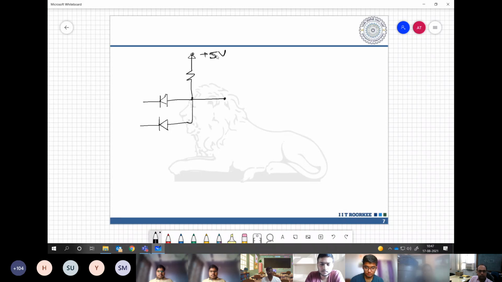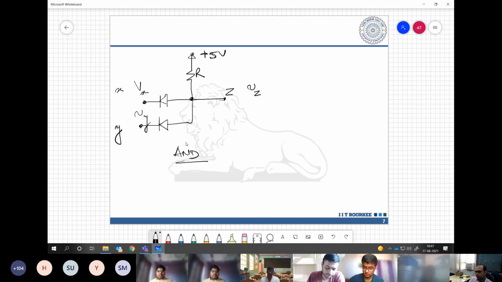Let's say this is the supply voltage 5 volts, some resistance R, and these are our two inputs X and Y. The voltage at this node could be Vx, the voltage at this node could be Vy, and this is our output node Z, where the voltage could be Vz. This we call our AND gate. Understanding my point? Now let us see how it works.